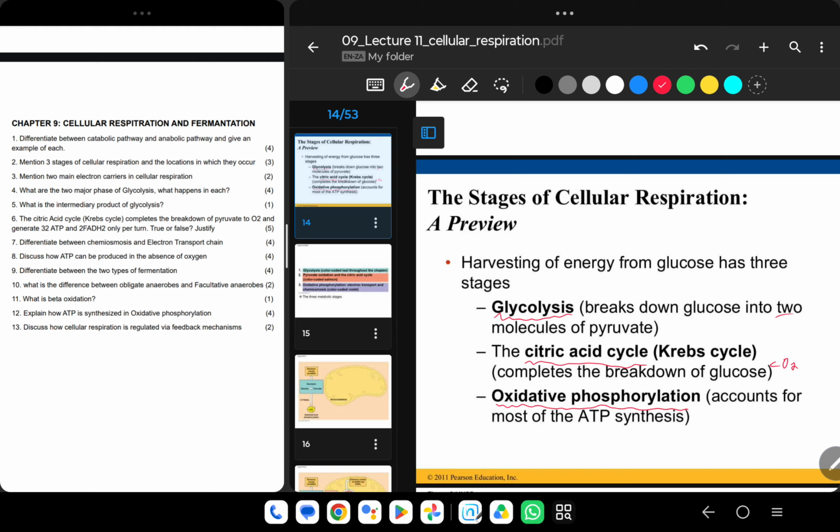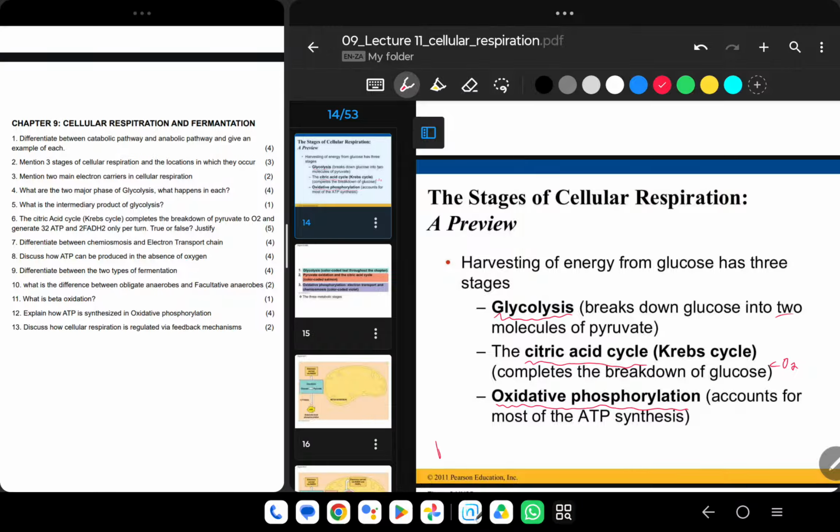Oxidative phosphorylation accounts for the most ATP synthesis. This is where you have electrons coming from the two electron carriers.